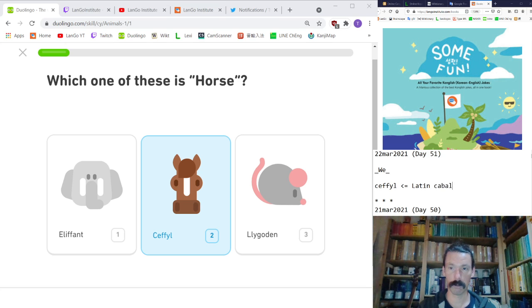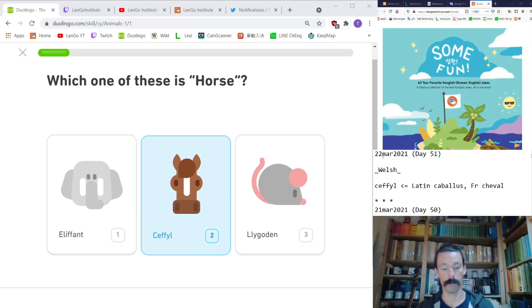Caballos. French cheval is a descendant of that, Latin and Spanish. What's caballo? Ceffyl, taken into early Welsh or Celtic as a loanword, and that's the Welsh outcome of it.